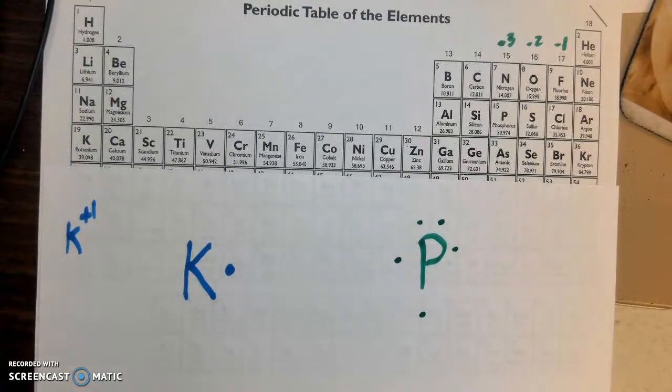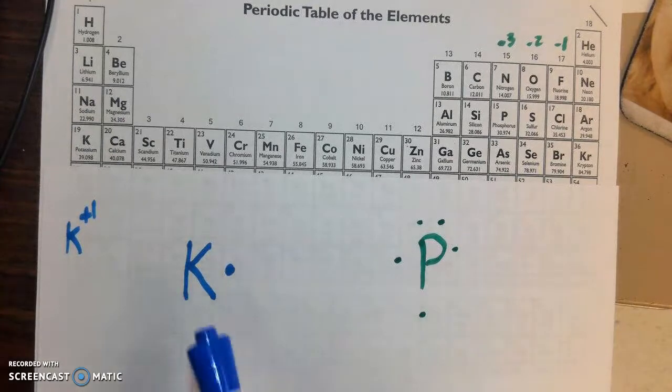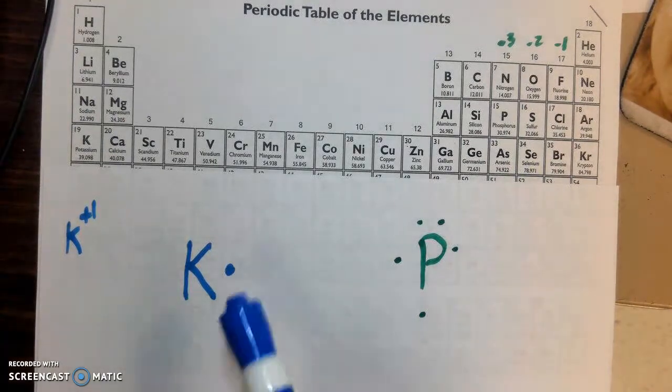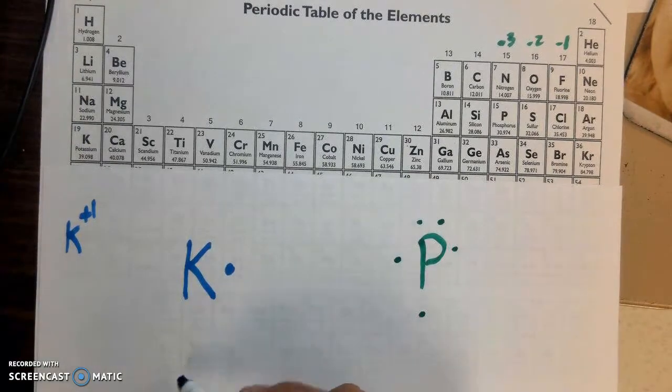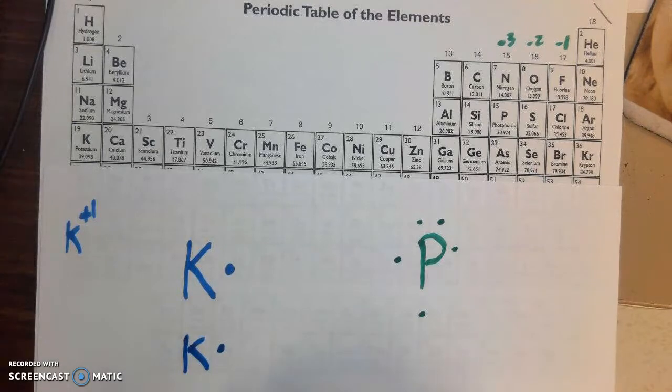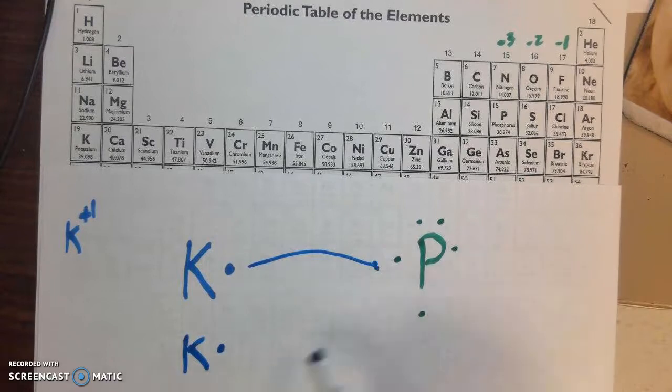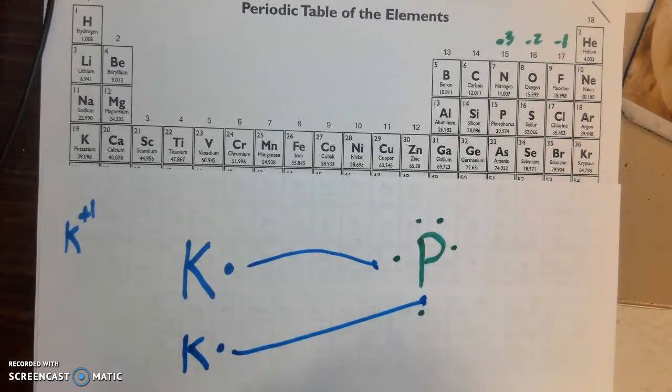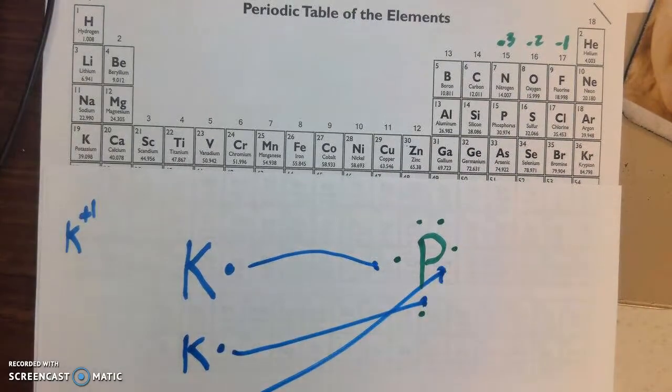Okay, so in order to fill the rule of octet, how many of these little +1s am I going to need? I've got 1 there. I'm going to need another one. And I'm going to need another one. Then I can fill up that outermost shell and satisfy the rule of octet, which is 8 electrons in the outermost shell. So how would I write that?